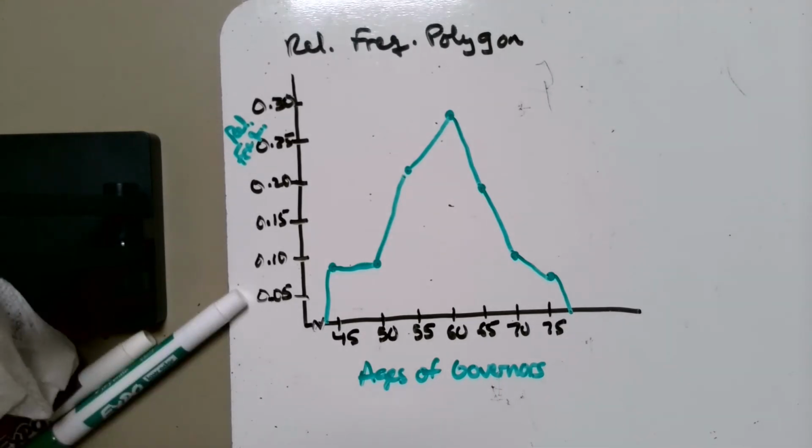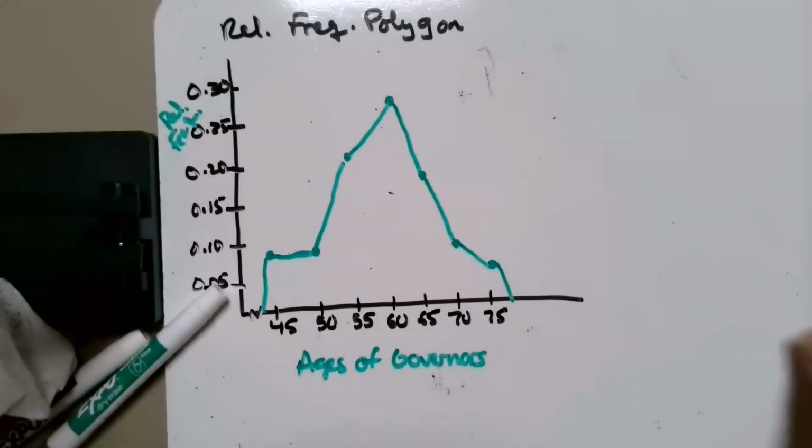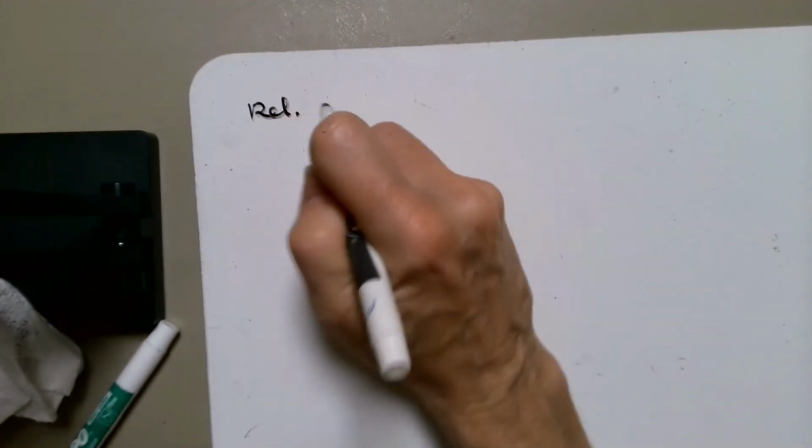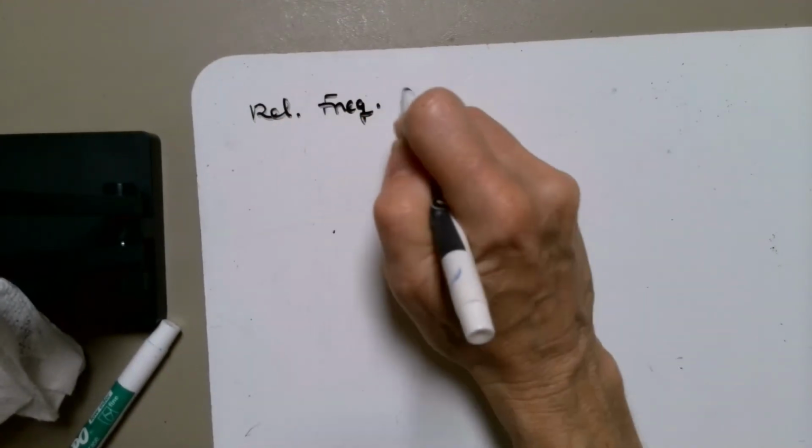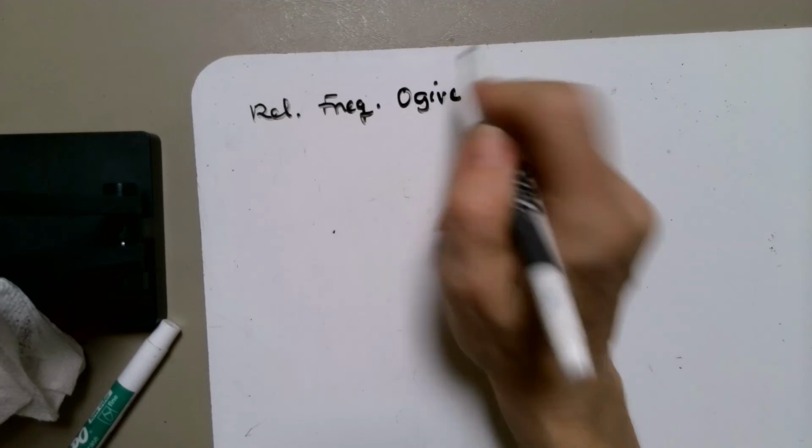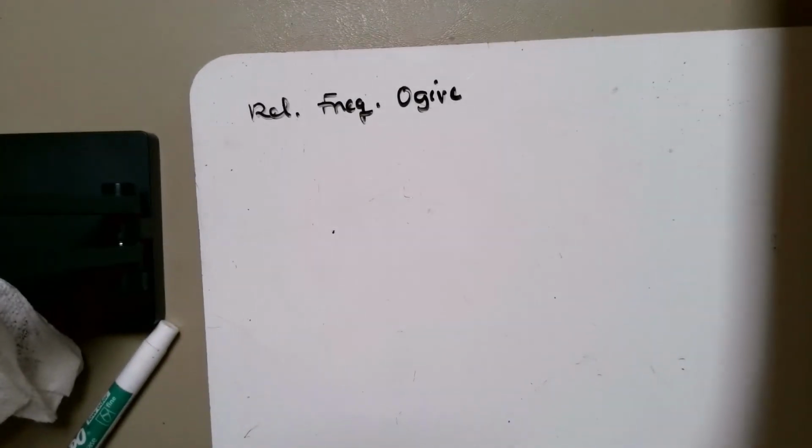And so one more graph we're going to do with relative frequency, and it's a relative frequency ogive. An ogive is a cumulative relative frequency graph in this case.